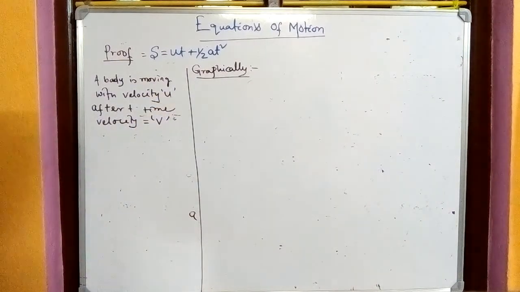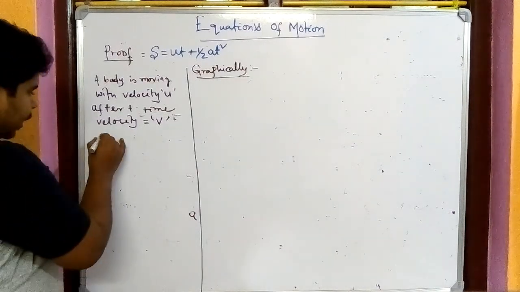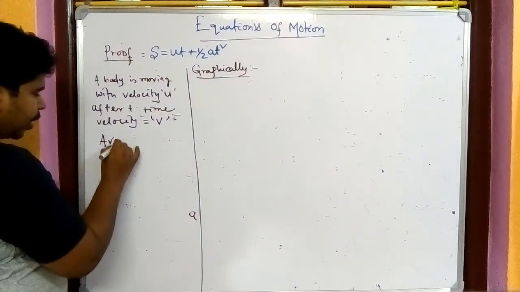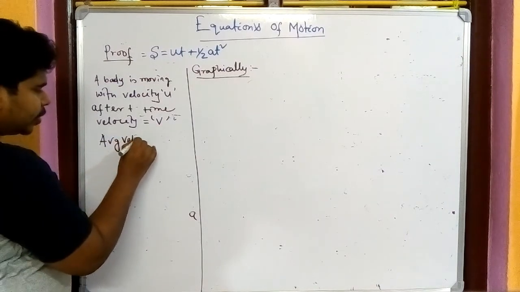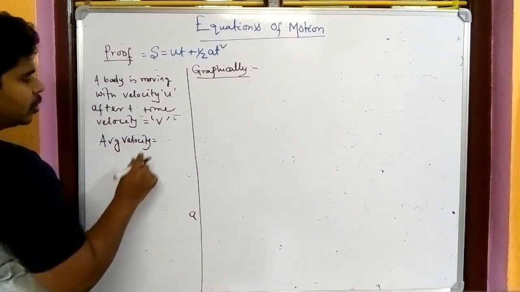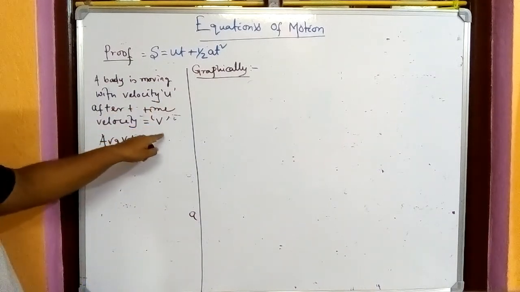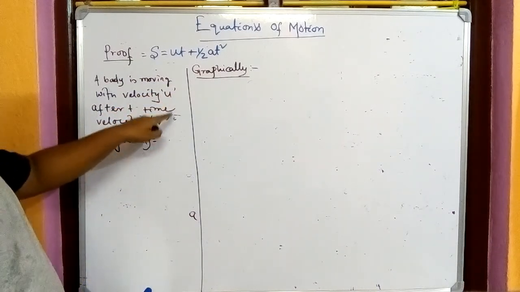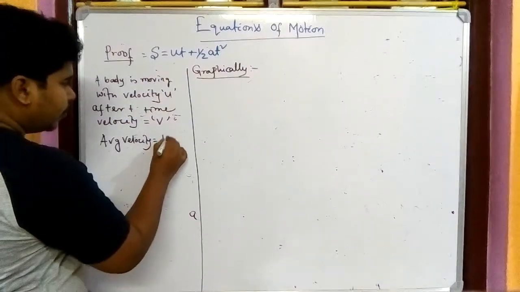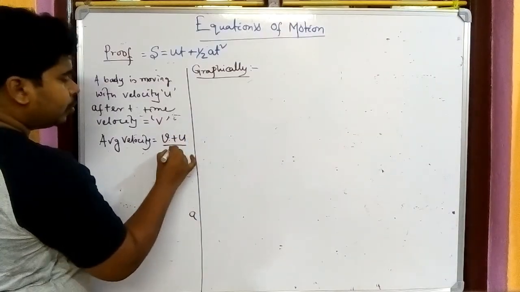Initial velocity is u, final velocity is v after the time t. Now if I want to find the average velocity, we have done this earlier also. What should be the average velocity? You see, we have two velocities, v and u. So we can do v plus u by 2.